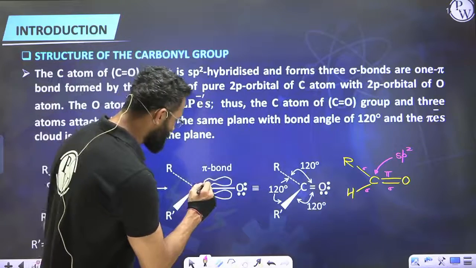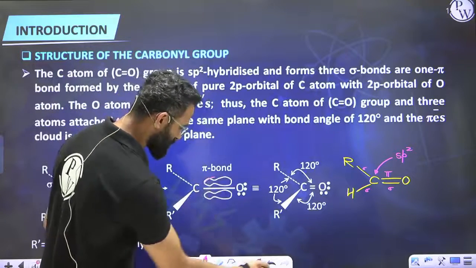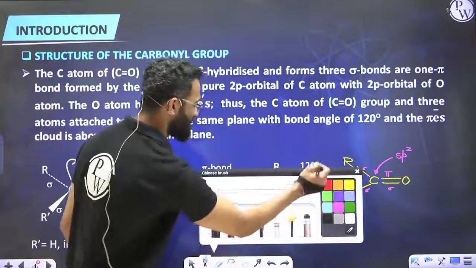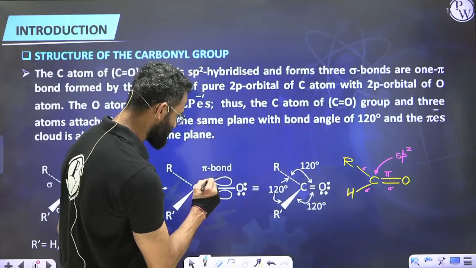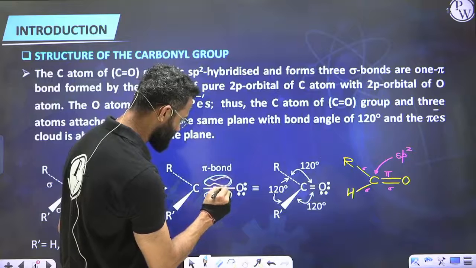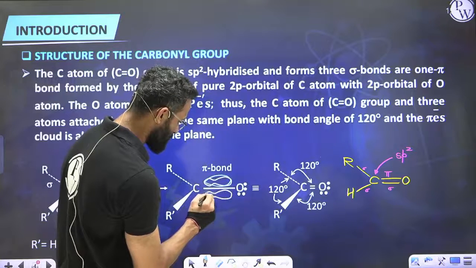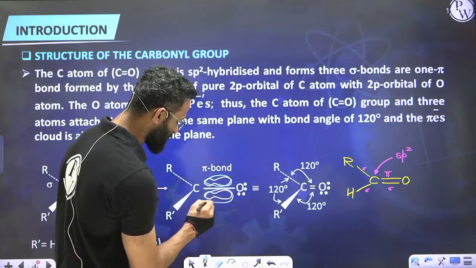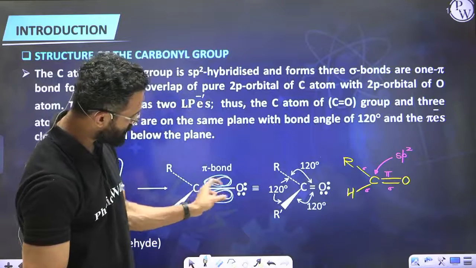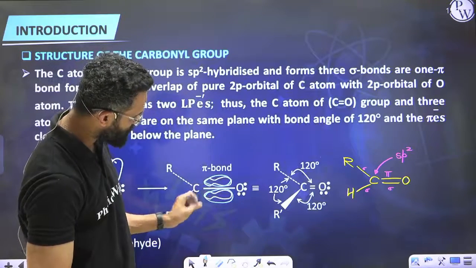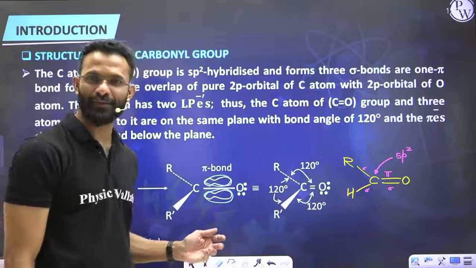Well, ideally it should have been shown like this. Hold on guys. Ideally it should be like this. You will see the electron density is a little broader towards oxygen, and a little narrow towards the carbon atom. Now why is it happening so?